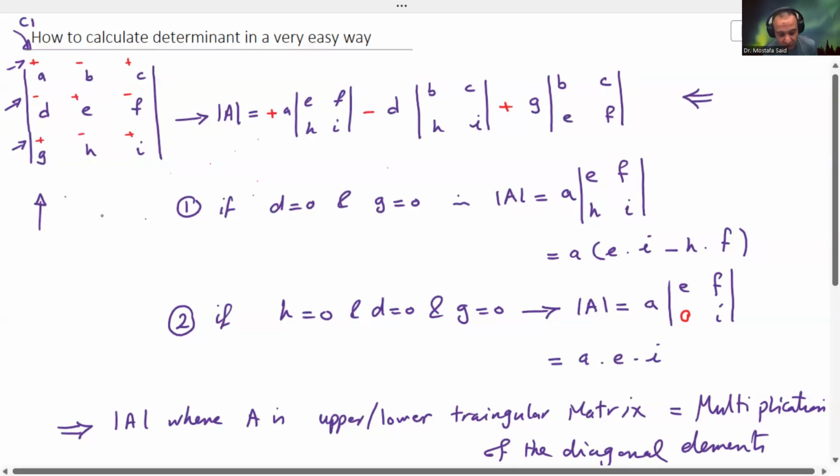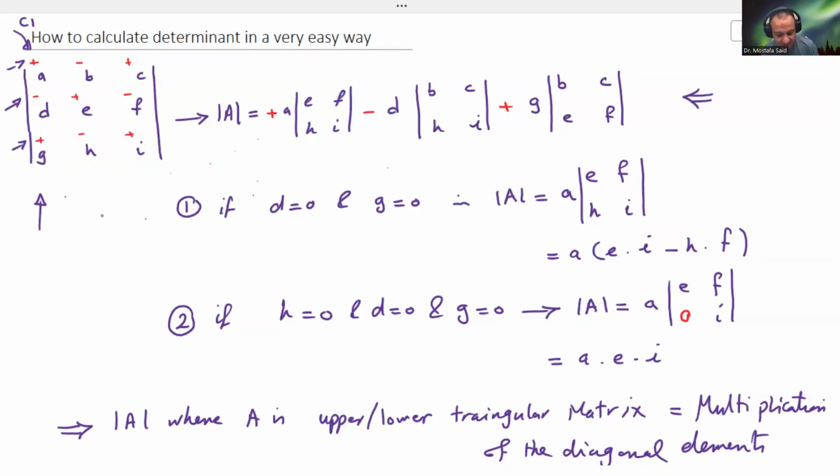These red signs that I put here are not part of the actual number. So A might be 5 or -5, and you're gonna put a positive in front of it, whatever the value of A is. D might be, for example, 10 or -10, and you're gonna put a minus in front. So if D was 10, it will be -10. If D was -10, it will be +10 because of the minus. And the same for G.